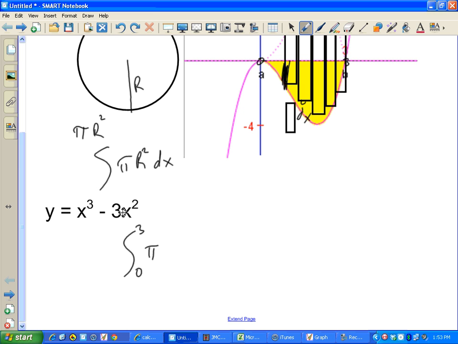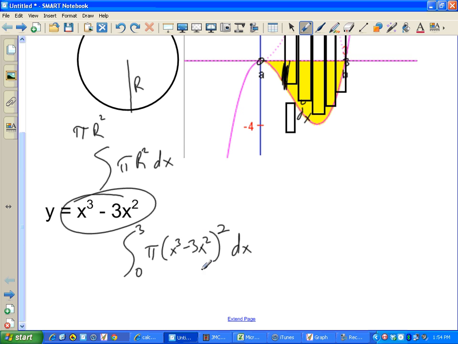This gives me the value of r at any x value. So I'd have (x cubed minus 3x squared) squared, which comes from squaring my radius, times dx, dx being the width of the disk. And this is what I would integrate.